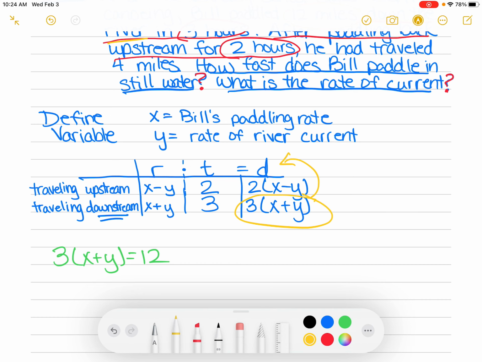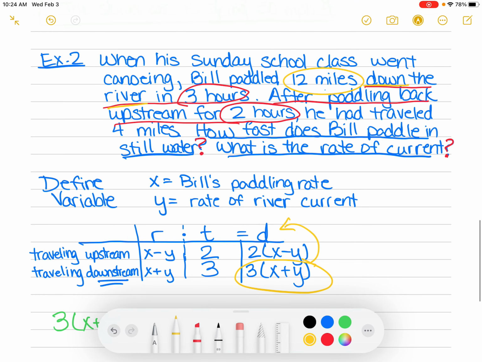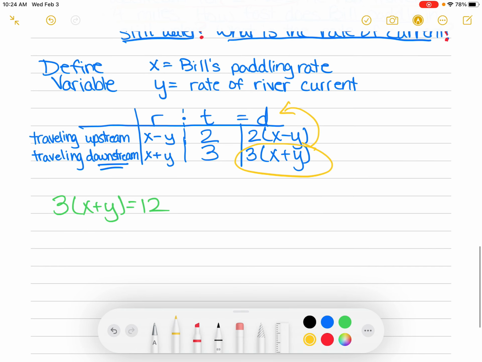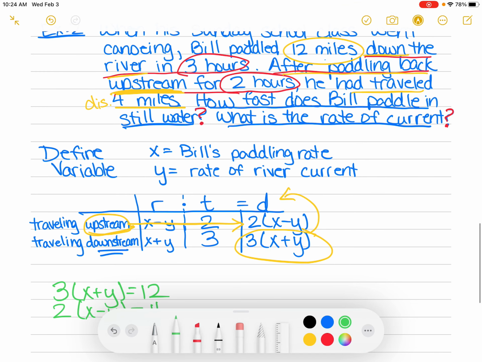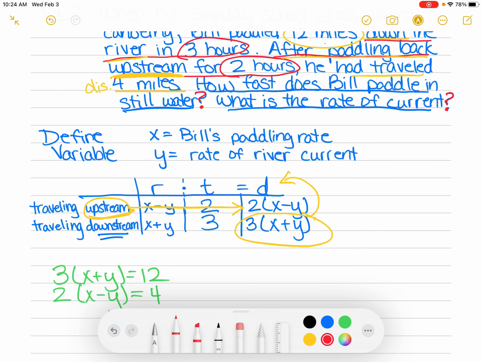And if you look at the upstream problem, over here it says after paddling back upstream, so I'm looking for that key word, he traveled 4 miles. So that's my distance again. But this distance is for upstream. So I'm looking right here, upstream, and I'm going to use that one. So I'm going to do 2 times x minus y equals 4. Because remember in the problem up here, it says 4.